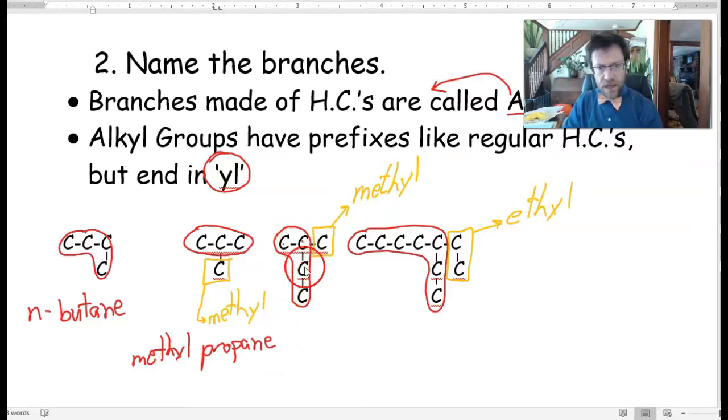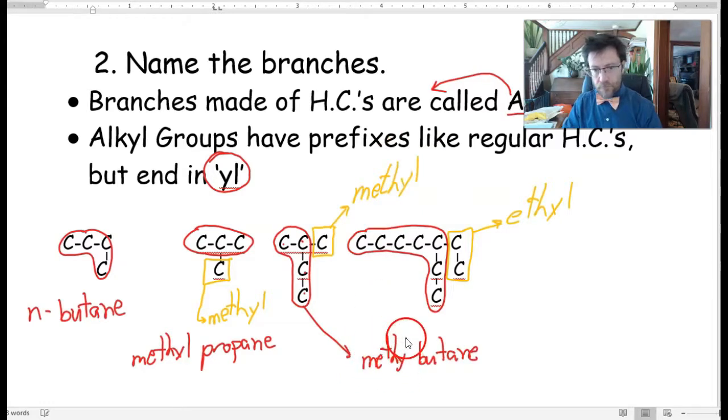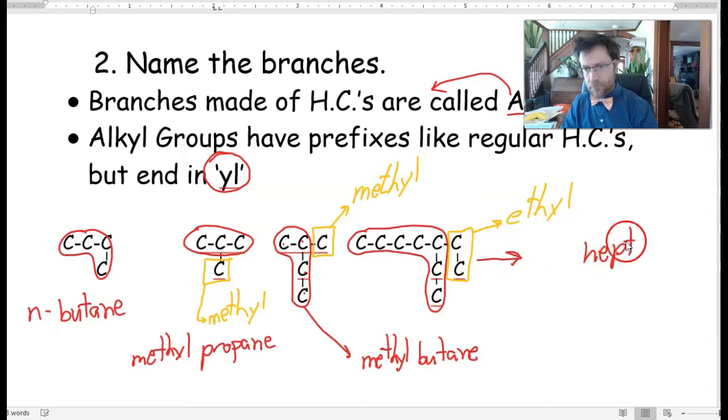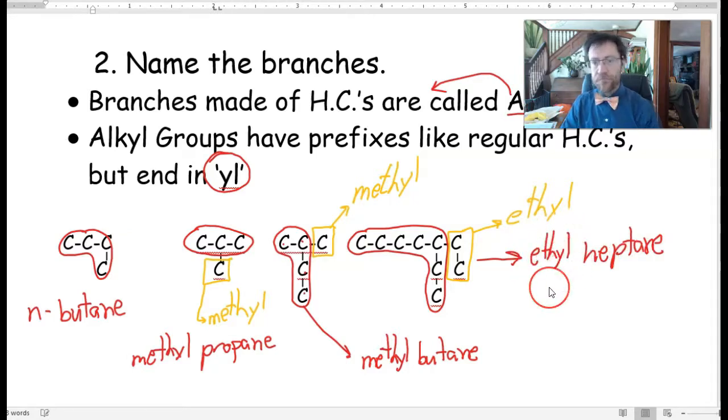This one, meth, eth, butane. So this one was butane with a methyl group. And this guy, what do we say, heptane, with an ethyl group. Ethyl heptane.